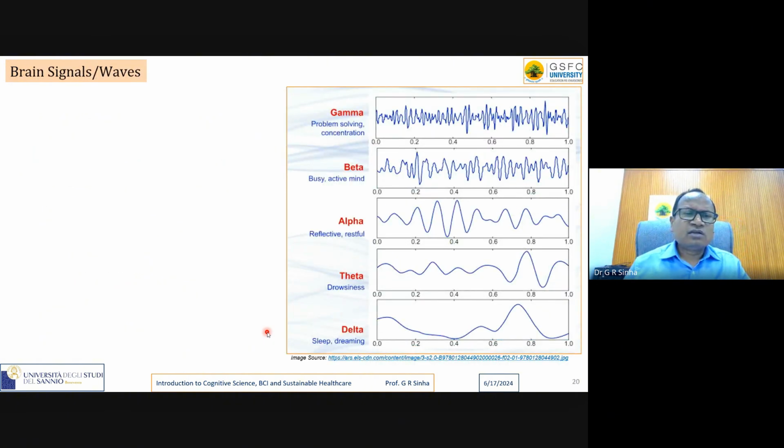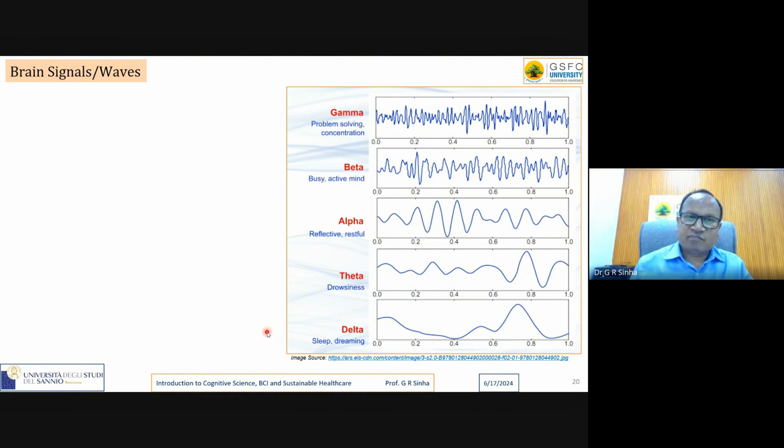Now we are using the term brain signals. As I mentioned, there are different types of brain signals: EEG, MEG, EMG, ECOG, PET, CT, functional MRI.